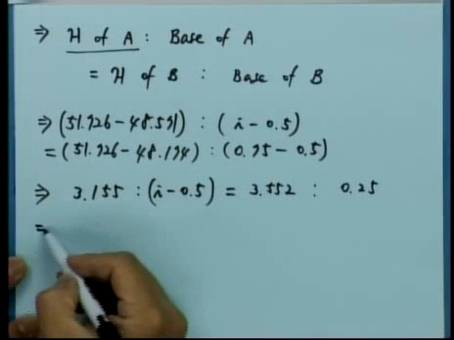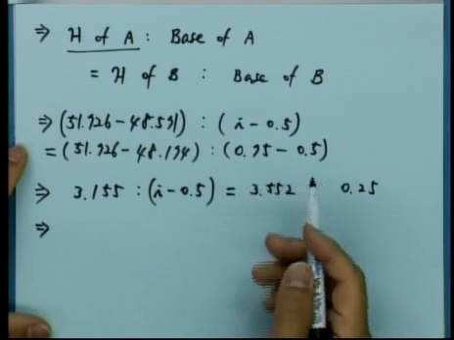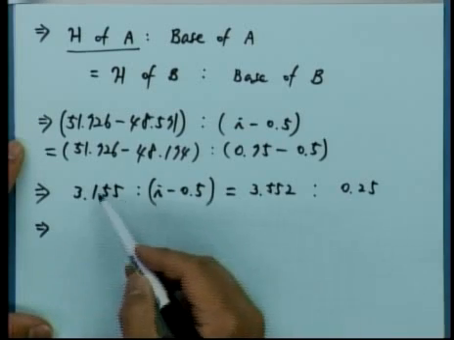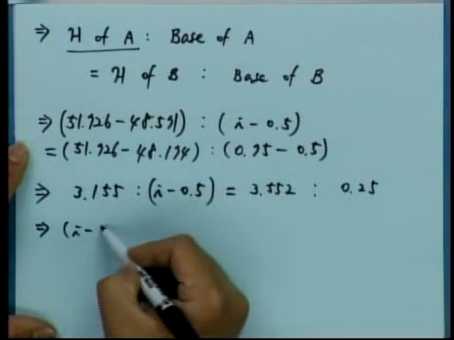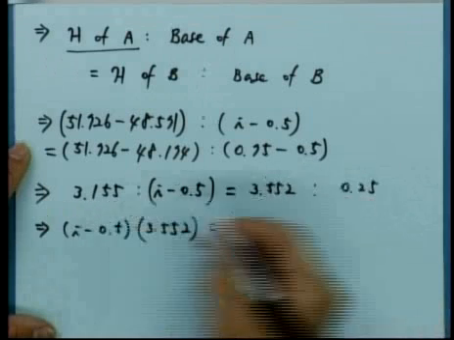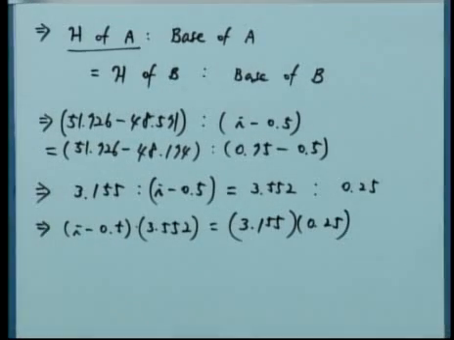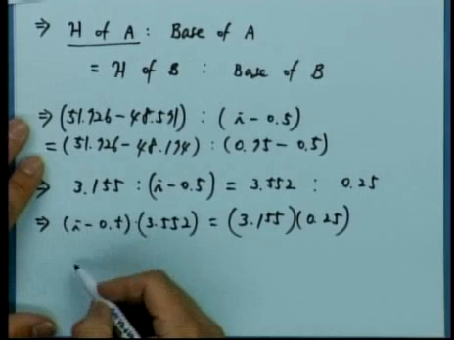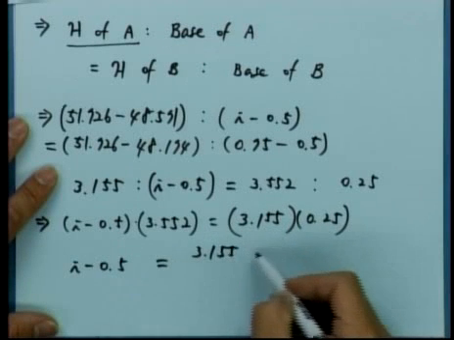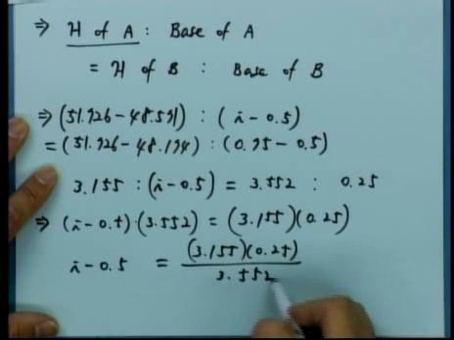So how do you solve this? The inner product equals the outer product, right? I minus 0.5 times 3.552 equals 3.155 times 0.25, okay? So I minus 0.5 equals 3.155 times 0.25 divided by 3.552.